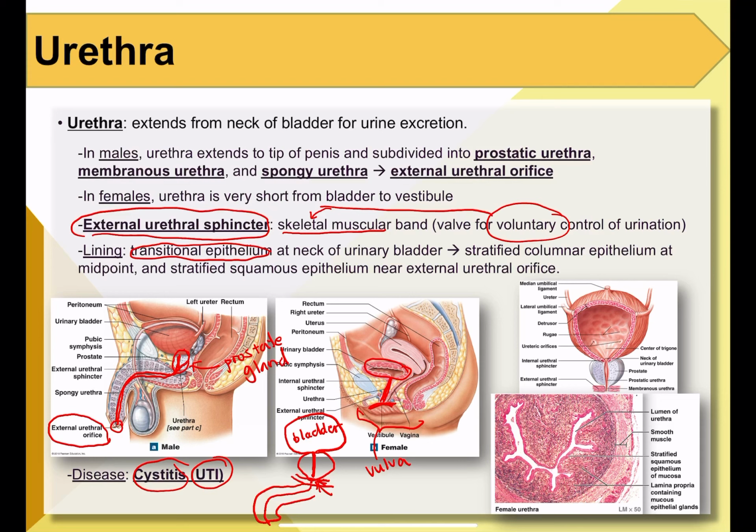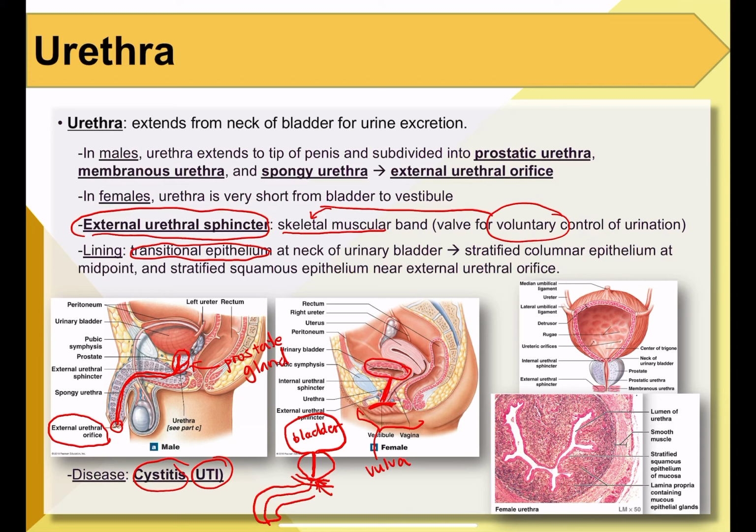The epithelial lining of urethra changes from your transitional epithelium. Remember from 2401, we learned that the epithelium that makes up your bladder is called transitional because it can change from somewhat of a plumpy shape into flat shaped cells depending on the state of the bladder, whether it's full or empty. At the neck of the urethra, closer to the bladder, is still transitional epithelium.